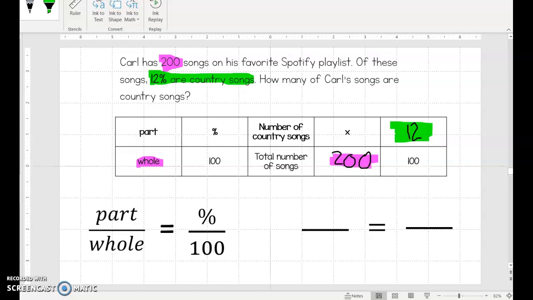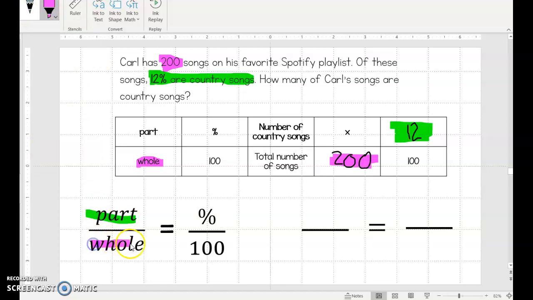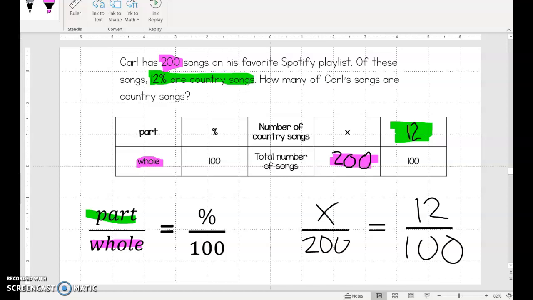So my first fraction correlates with my part and my whole. Okay? 200 total songs, but I really don't know how many of them are country. I do know that 12% of them are country. I'm trying to find the exact number, because 12% is not the exact number of 200.